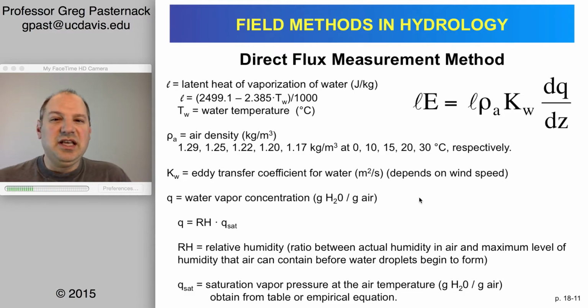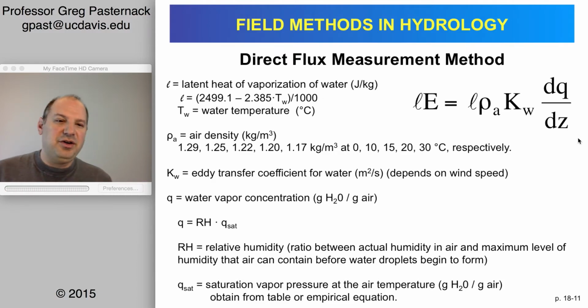You'll also see the Greek symbol nu used sometimes, and sometimes you'll even see E used. We just have to be very flexible as hydrologists. I don't really care what letter somebody uses, as long as they tell me what it means. And of course, in different contexts, you get used to the same symbol being used for different things. So what this part is saying is the change in moisture as a function of change in elevation above the ground.